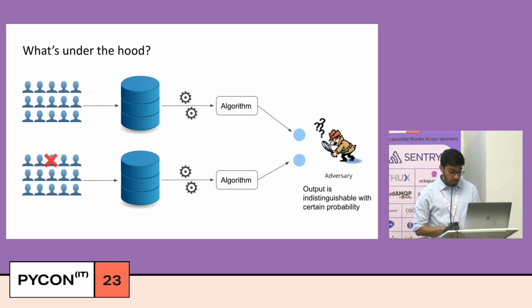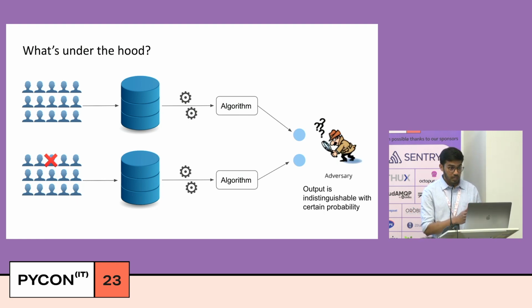I run the same algorithm on both datasets, and I get one result for each. If an adversary is able to look at both of these outputs and pinpoint an attribute of a particular individual, for example whether Alice has cancer or not, then we say that the algorithm is not differentially private.